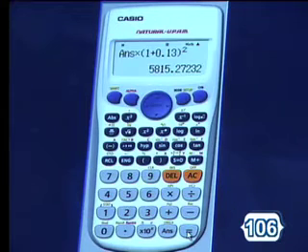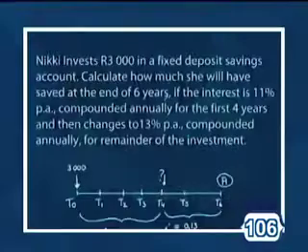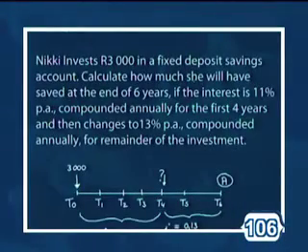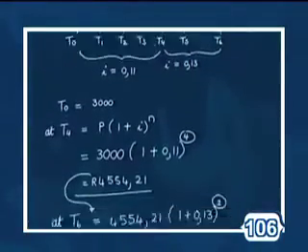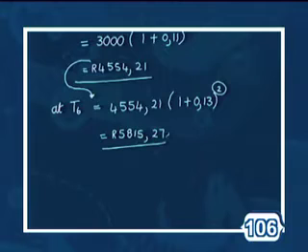Right, so have we answered the question? The question said that she's invested it, calculate how much she will have saved at the end of 6 years, and in fact, we have actually calculated the answer because she would have saved 5,815 Rand and 27 cents.